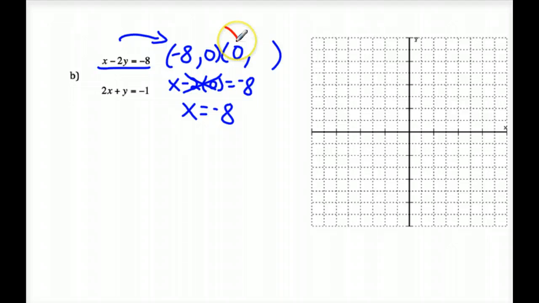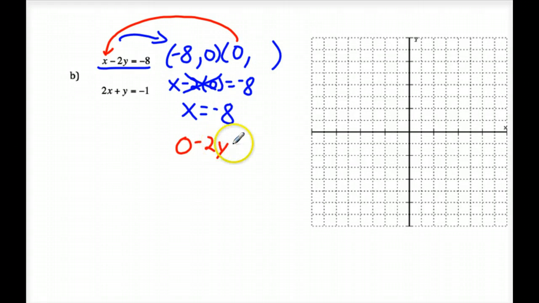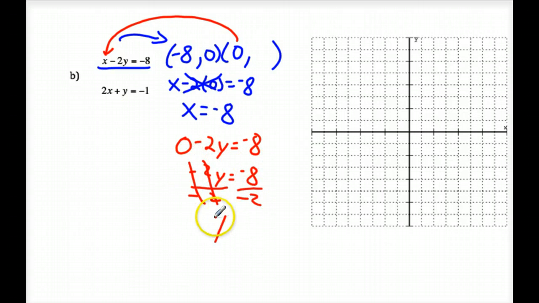Take 0, plug it in for X. So 0 minus 2Y equals -8. -2Y equals -8. Divide both sides by -2. Oh, it's 2 negatives. Y equals 4. Okay, there's your Y-intercept.